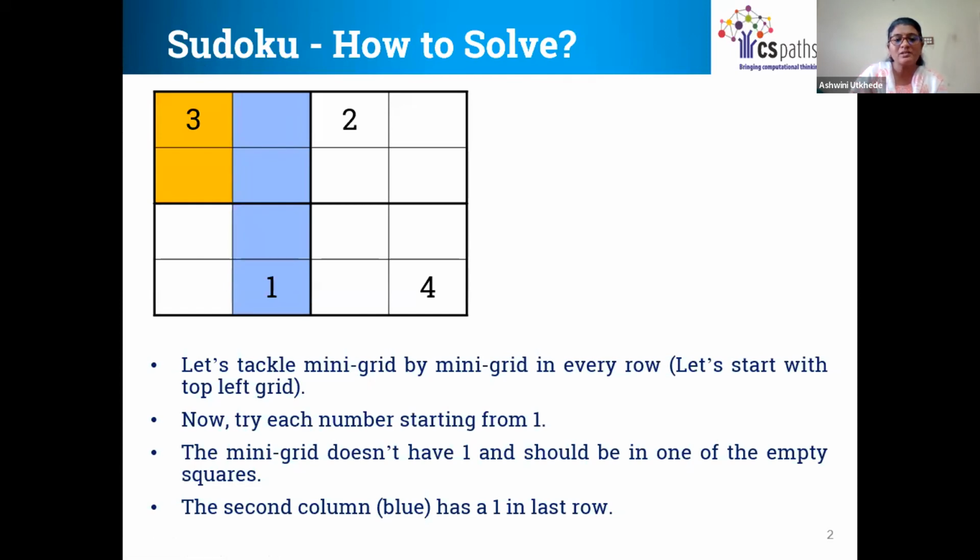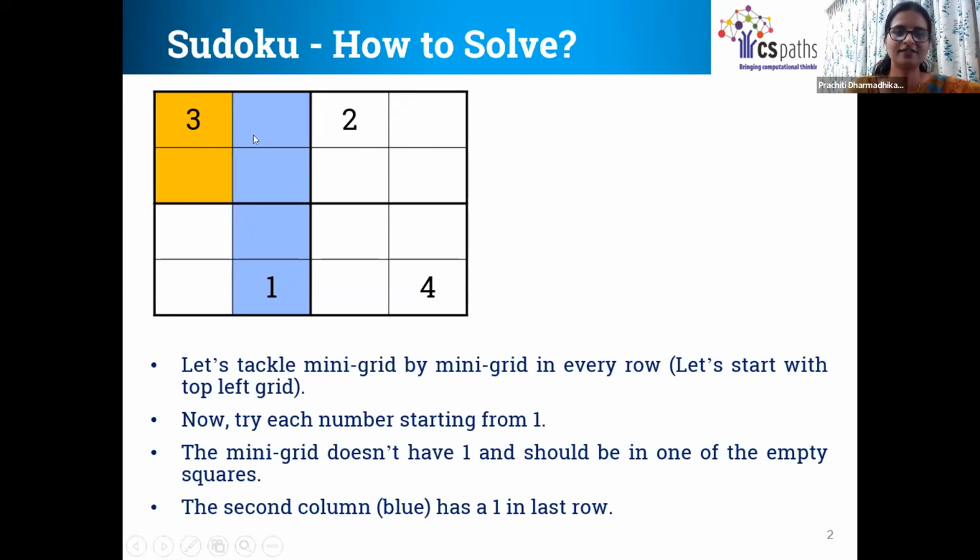And for that, systematic thinking and proper selection of number is also required, and that is to be done by looking at the available numbers in the row as well as in the column. So as 1 is already there in the same column, we cannot place 1 in the right. Thank you, Ashwini. Thanks a lot.